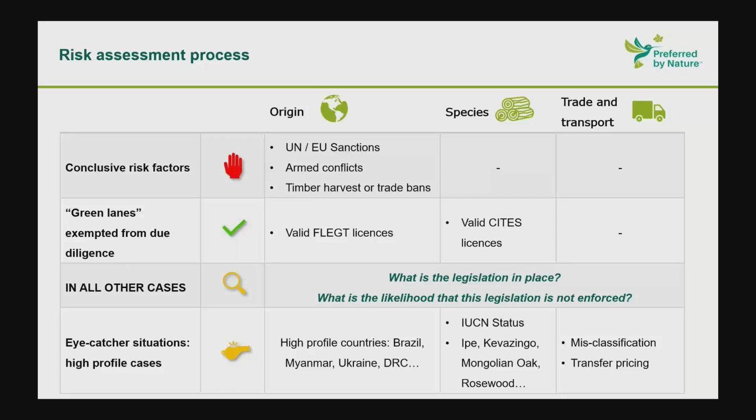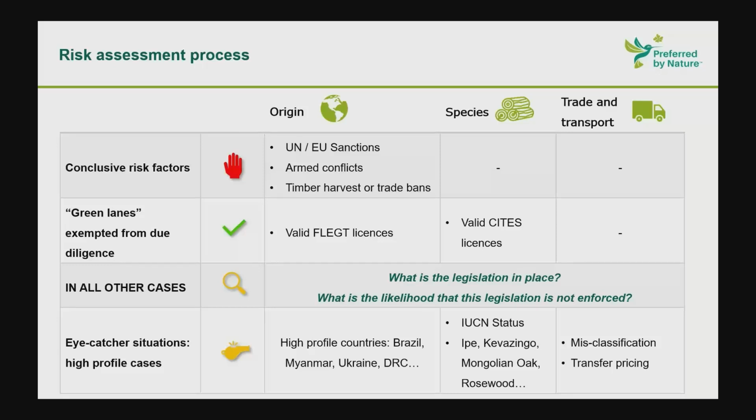So let's break it down. If we consider origin, species, trade and transport, the idea is first to identify whether you have conclusive risk factors in your supply chain. So that means a situation where really you can't do much about it. You should not place this timber on the EU market at all. Those conclusive risk factors are mainly linked to origin.